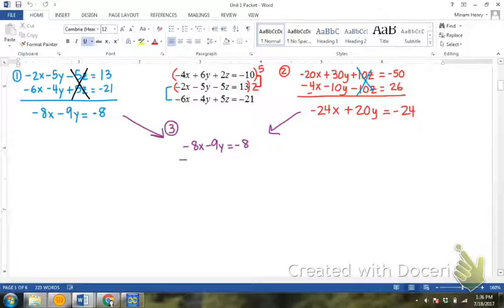And negative 24x plus 20y equals negative 24. Actually, this isn't as bad as you made it out to be. Now between these 2 equations, it's going to be something that you've already done before, right? You can eliminate with 2 variables like we've done in the past.